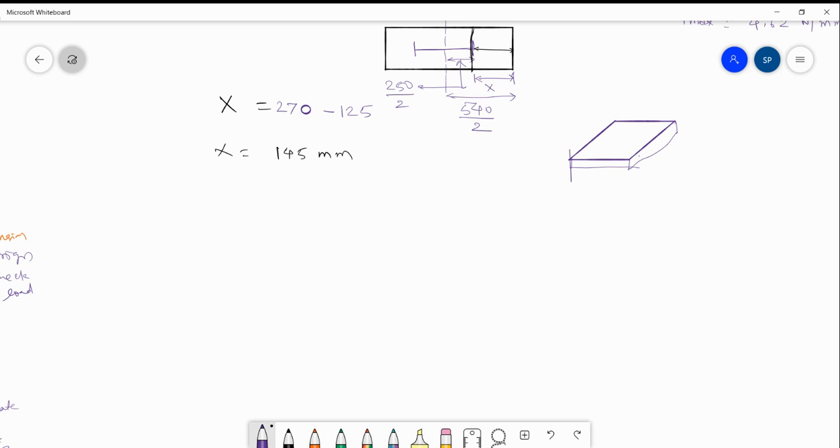In this particular portion, this is behaving as a cantilever on right hand side, and it is subjected to upward soil pressure. That intensity we have already calculated, it is 4.62 N/mm².